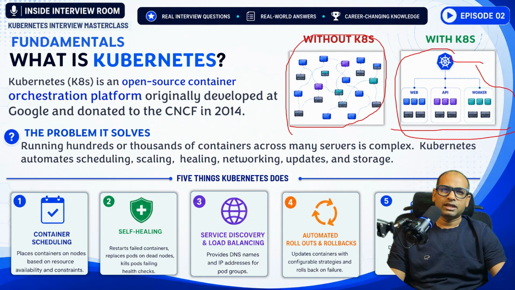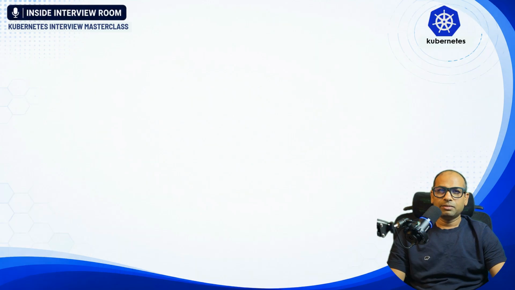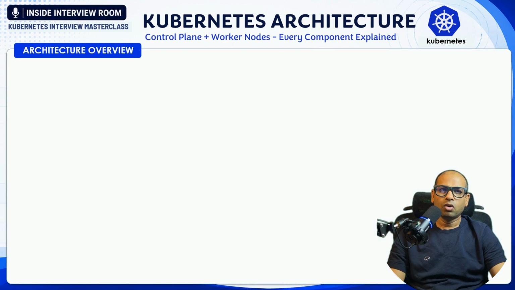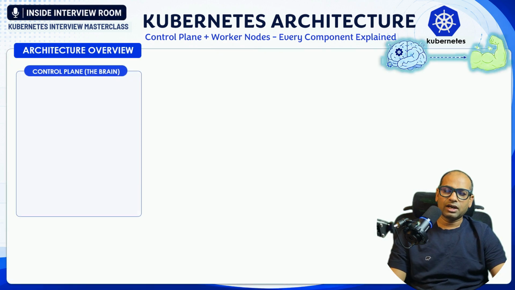Okay. This slide is the one that separates people. If you take nothing else from this episode, take this: Kubernetes architecture. A Kubernetes cluster has two planes, the control plane and the worker nodes. The control plane, that's the brain of your cluster, and the worker nodes, that's the muscle.